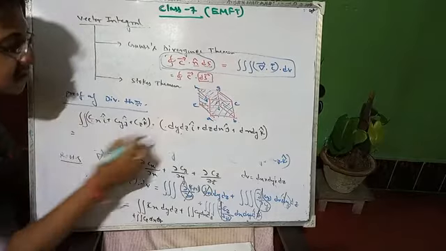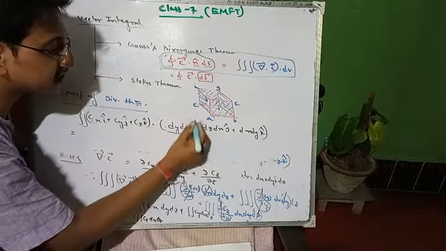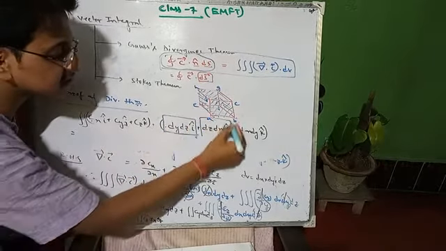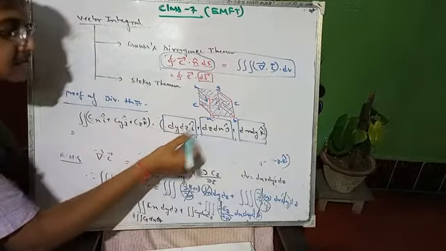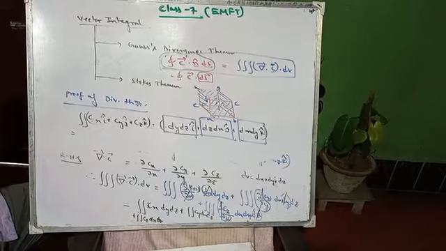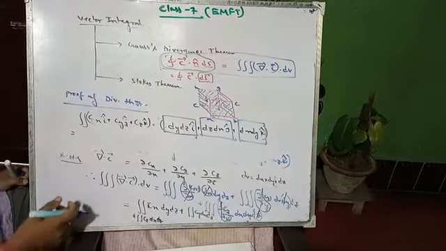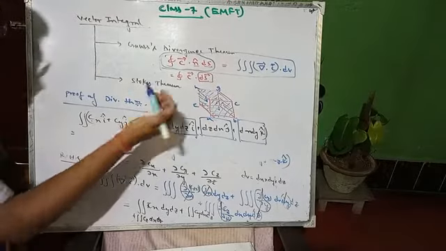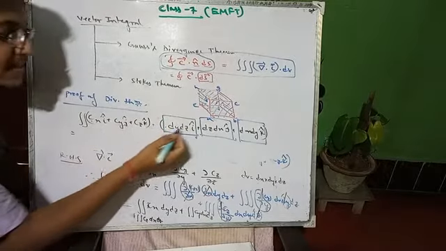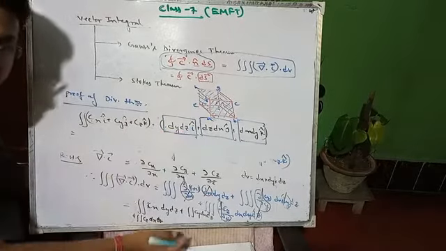Now you can see dy dz into i cap. What is the significance of these three parts? It is very important. What is dy dz into i cap? It is a differential multiplication in the yz surface, which is directed in the x direction.